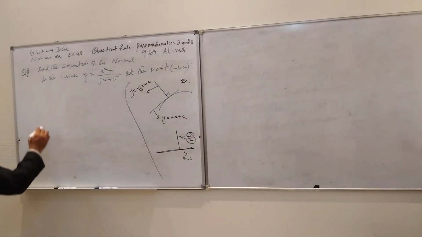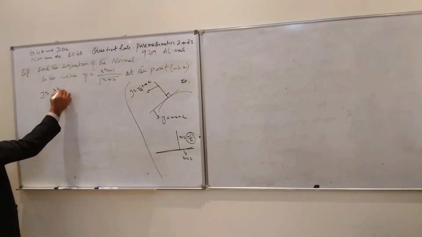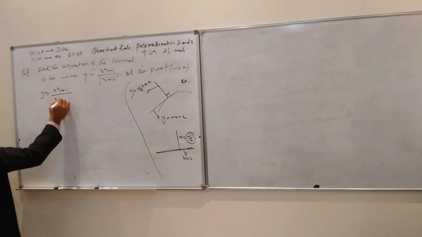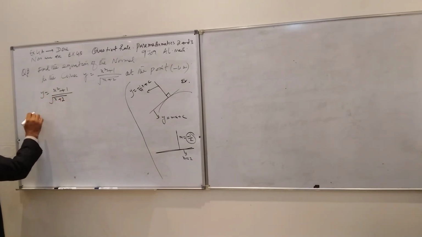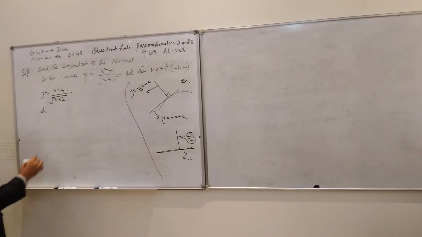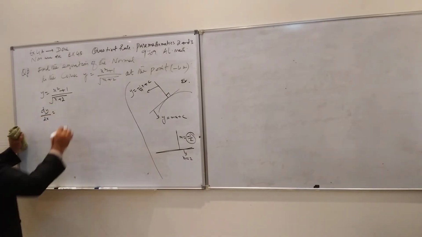Now we are using this concept in this question. See here, y equals (x² + 1) over √(x + 2), that's the function of the curve. So differentiate to get dy/dx. Now the quotient rule will apply here.